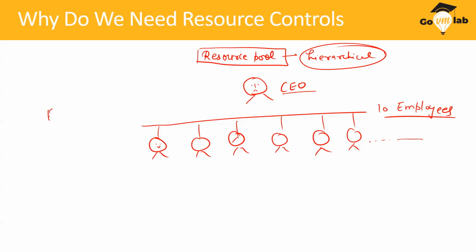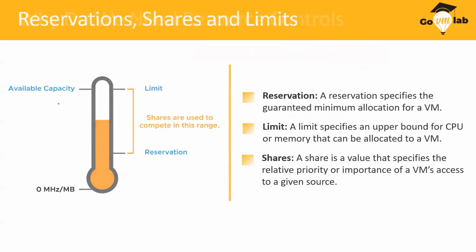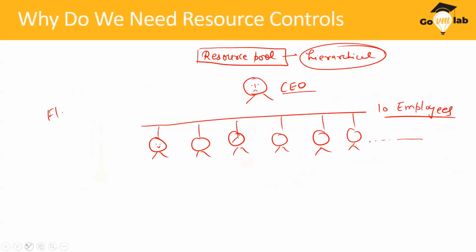Now, this architecture we call a flat architecture. In some organizations, you might have heard of something called flat architecture. What is the meaning of flat architecture? There is no layer of VP and then senior director, senior manager, manager, and lead and all those things. It's a flat architecture where the employee reports directly to the CEO of the company.